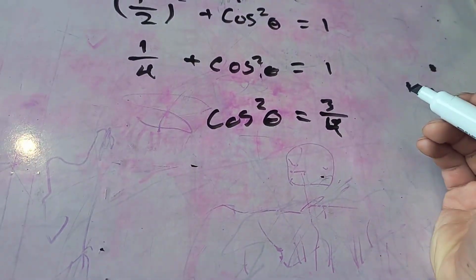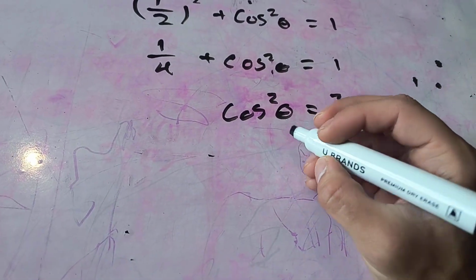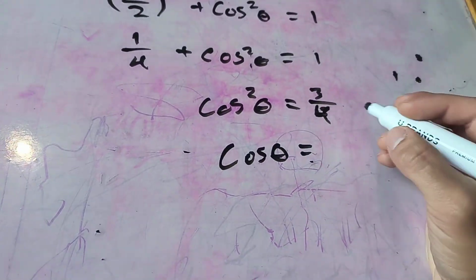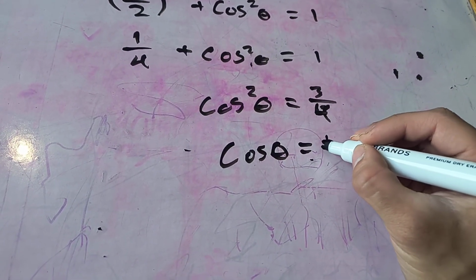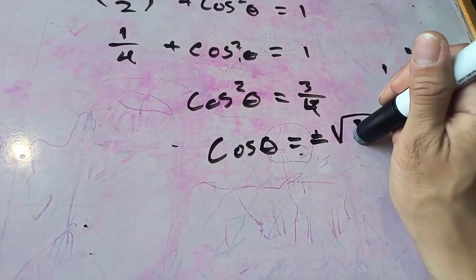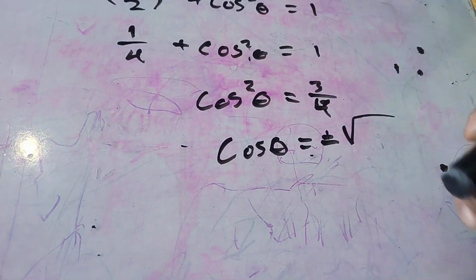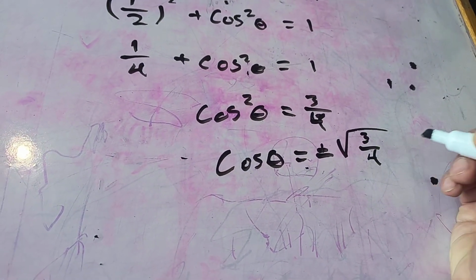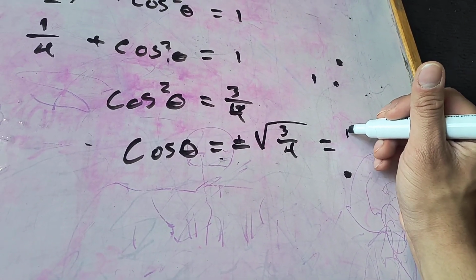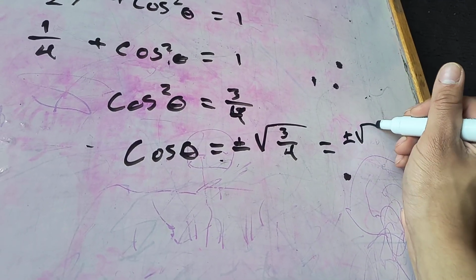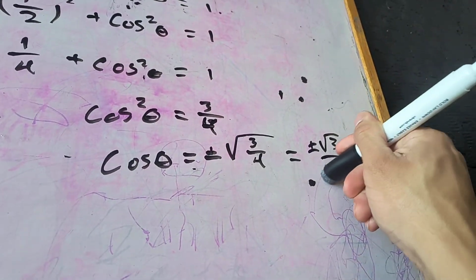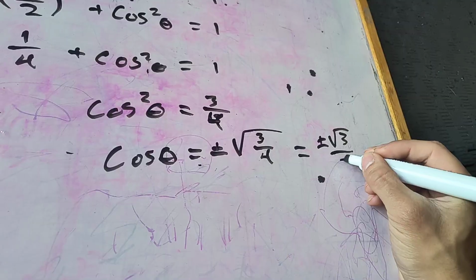If we take the square root of both sides, then cosine of theta is equal to plus or minus the square root of 3 over 4, which is the same thing as plus or minus square root of 3 over 2, because the square root of 4 is 2.